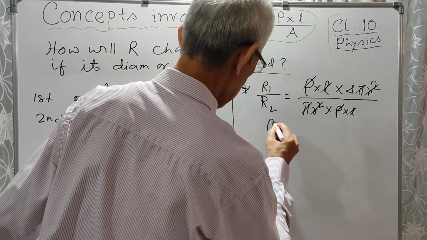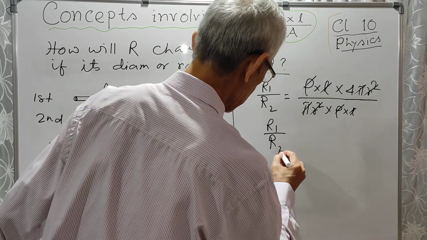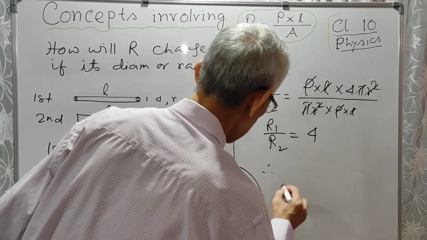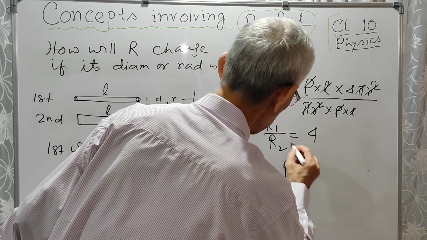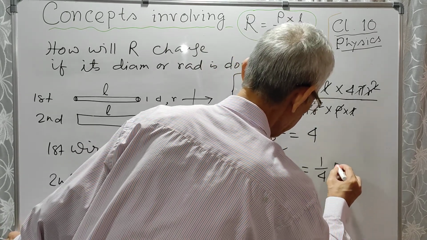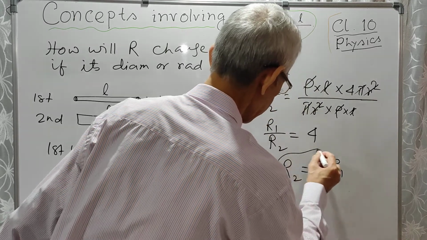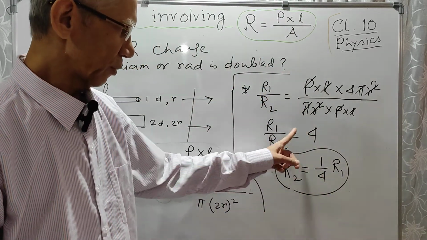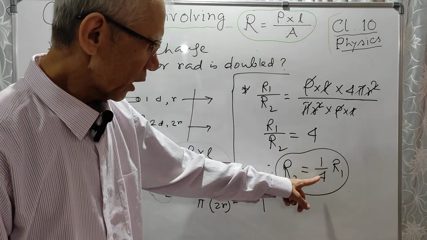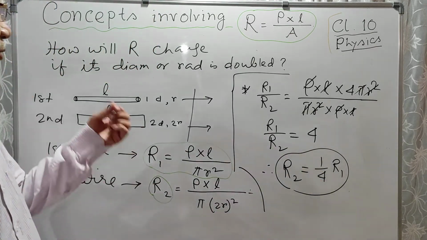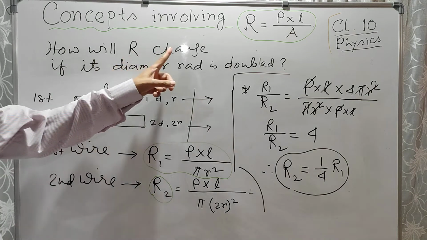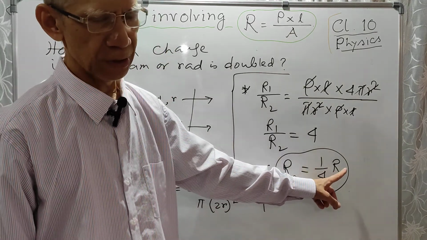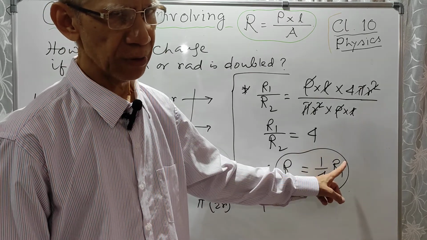So R1 by R2 equal to what? 4. Therefore, R2 equal to 1 by 4 R1. So what will be R2? R1 by 4, that means 1 by 4 R1. Now how will the resistance change? So your answer will be the resistance will become 1/4. The resistance will be reduced to 1/4.